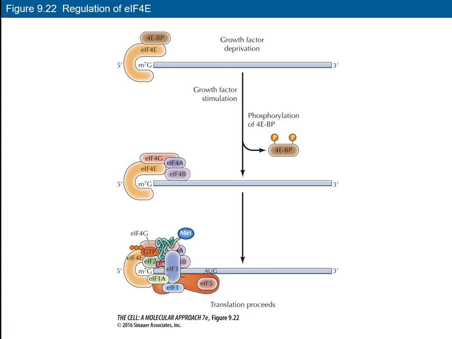So again, it's a different variation, but the same basic idea that you can modify certain proteins, even initiation factors themselves, by phosphorylating them, and that will alter their activity. And it can stop or inhibit translation, okay?